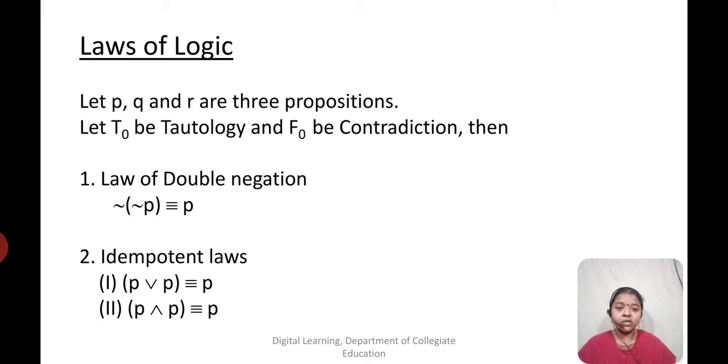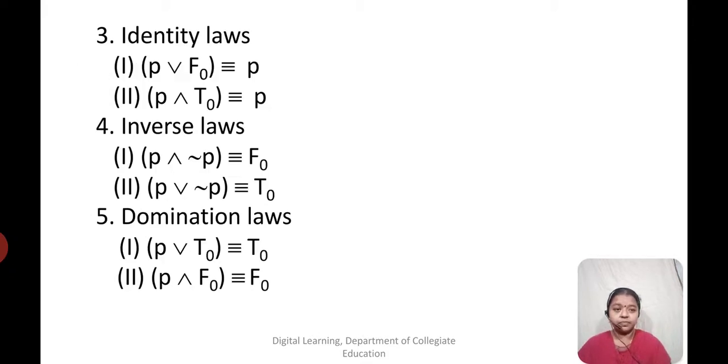The second one is known as idempotent laws. When we take OR of two identical propositions, we get the same answer. When we take AND of the same propositions, we are going to get P itself. The third one is identity laws. Here P or F naught, you know F naught is contradiction. So when we take P or F naught, we are going to get P itself.